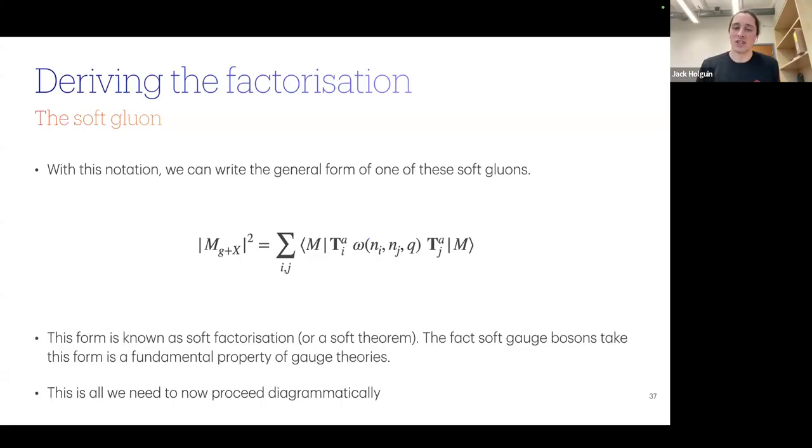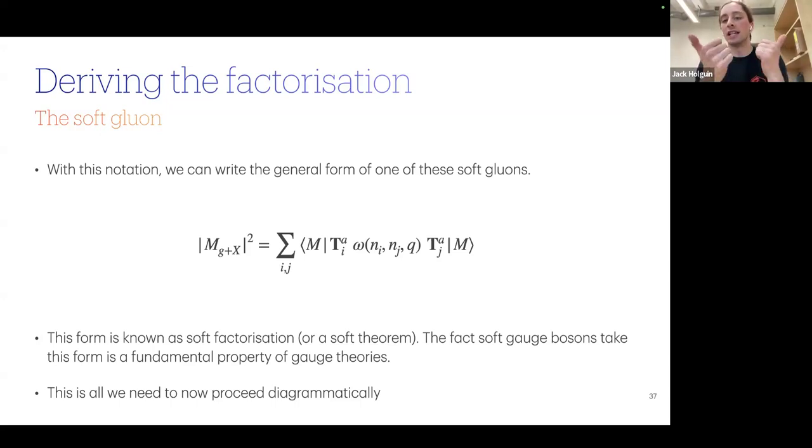Right, with this notation, we can now write down a general form for one of these soft gluons. So one of those red gluons being emitted from any particle in the event. And it takes the following form. We have a gluon that's emitted from X other particles, and it's equal to the matrix element for those X other particles, contracted in between with two of these color charge operators.